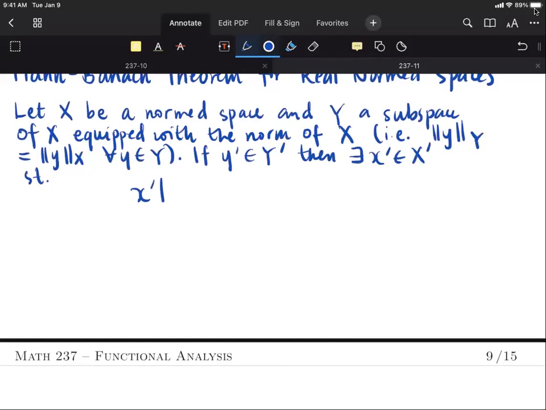In other words, X prime restricted to Y is y prime, and in fact they have the same dual norm.